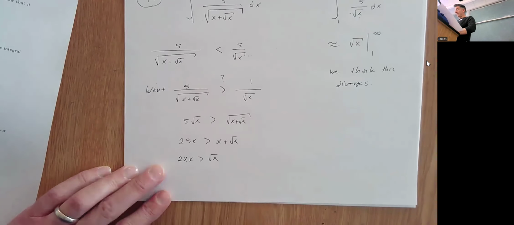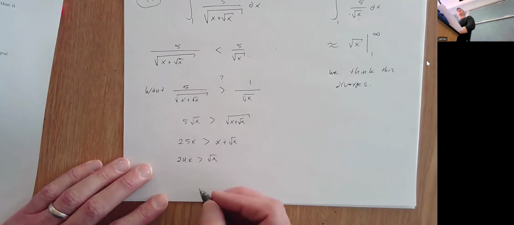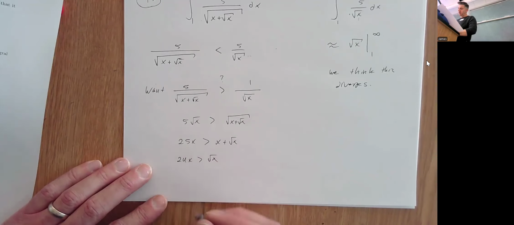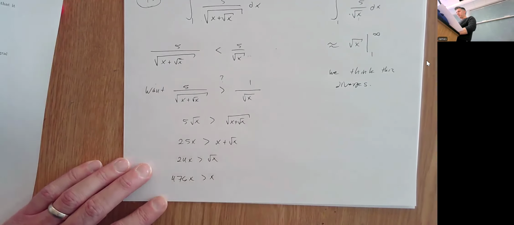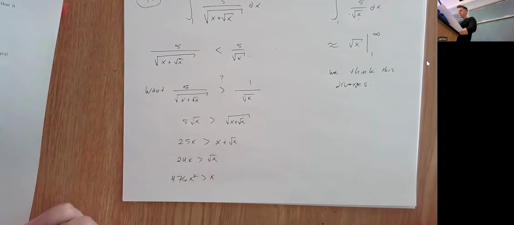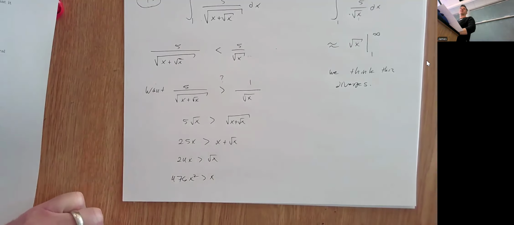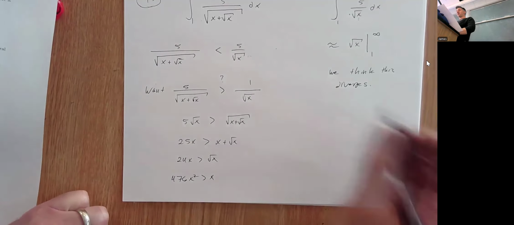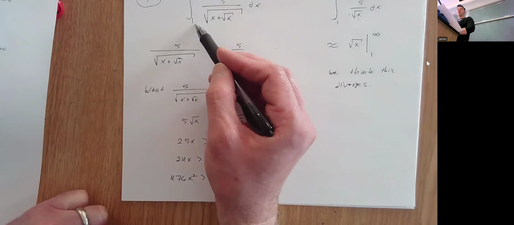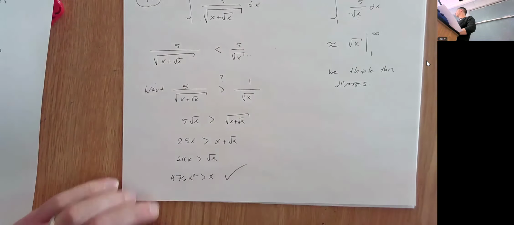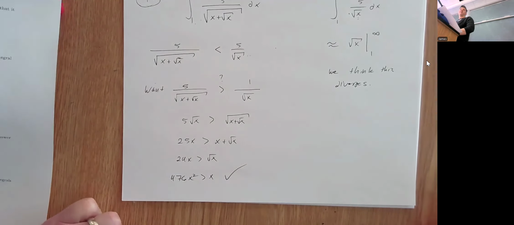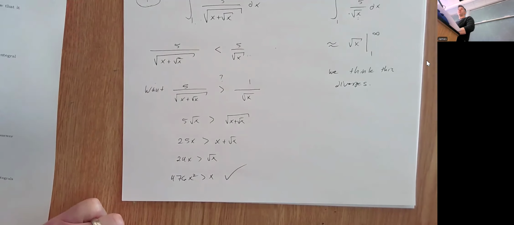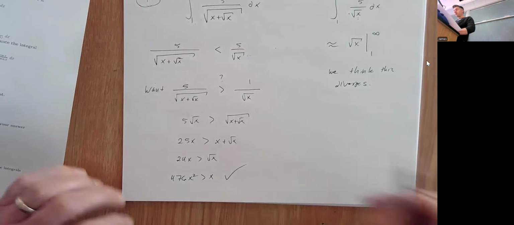I'm going to square both sides again. 24 squared is 576. Is 576 x squared bigger than x? Yes, certainly if x is positive, bigger than 1. So yeah, that checks out. Cool, that was super annoying. But it does check out. So cool, that means that's bigger than that.